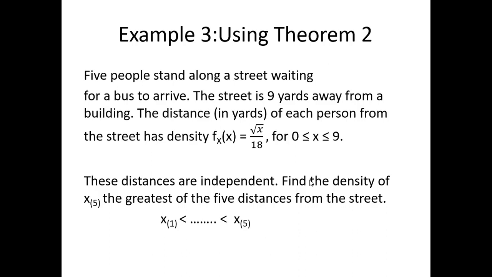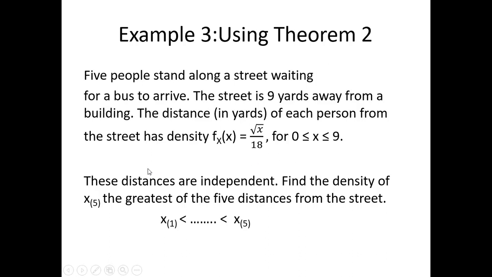In our last example, we're going to take a look at another application of Theorem 2. Suppose we have 5 people, and they stand along a street waiting for a bus to arrive. The street is 9 yards away from a building. Now the distance in yards from each person from the street to the building has a PDF of f of x equal to the square root of x over 18 for x between 0 and 9.